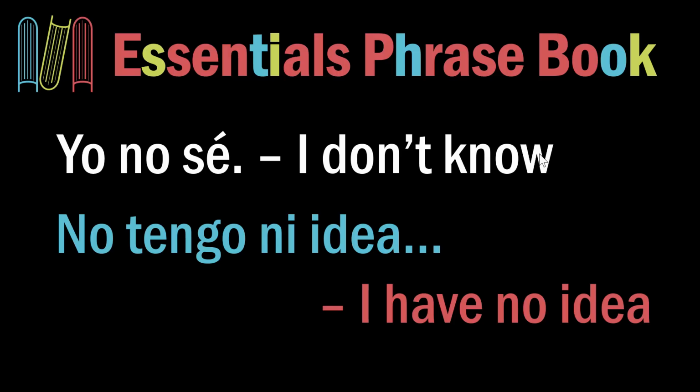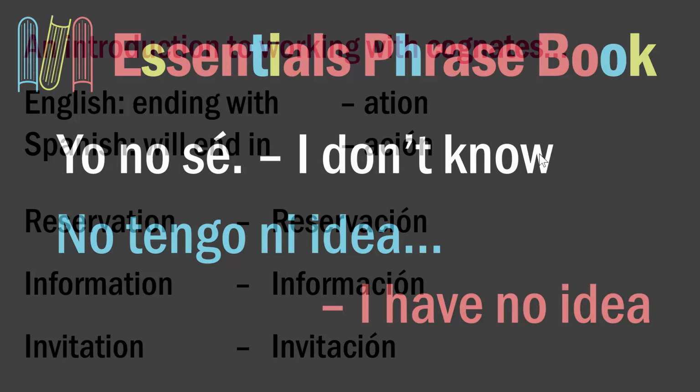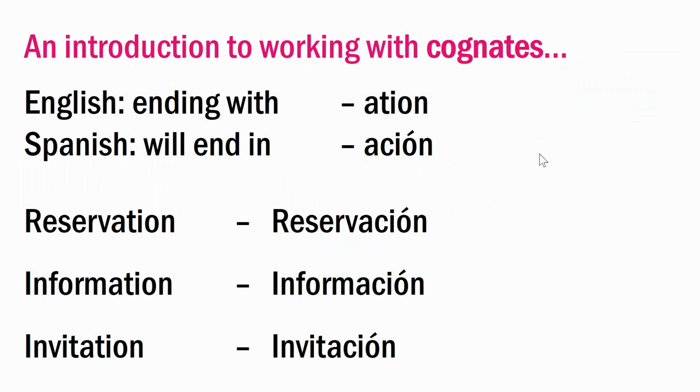I want to practice the functional language chunk tengo, I have, but first I need to introduce some new vocabulary so we can use this word. I'm going to introduce the idea of cognates. Cognates are simply words that look similar between two languages. And I'm going to show you how you can create some cognates or know if a word in English would be a cognate in Spanish.